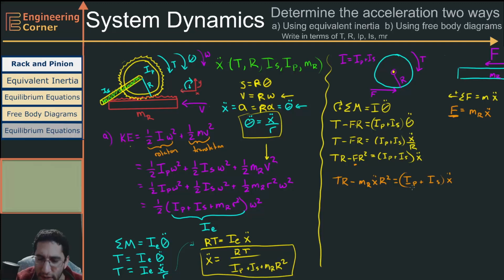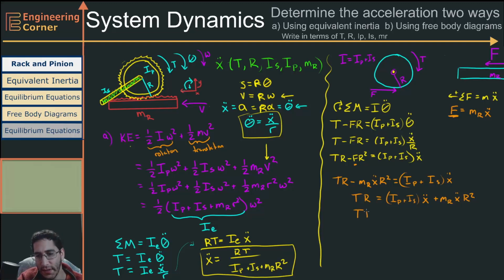So let's move this to the other side of the equation. T times R is equal to IP plus IS x double dot plus MR x double dot R squared. And now both of these terms have an x double dot in it.